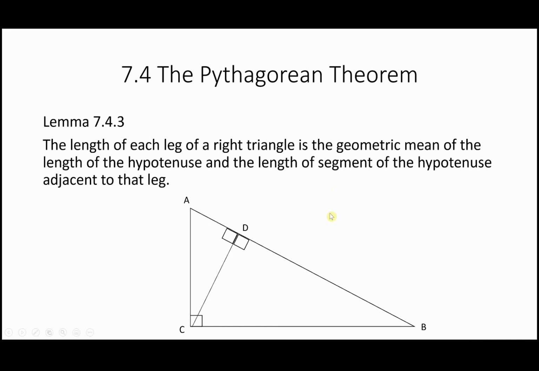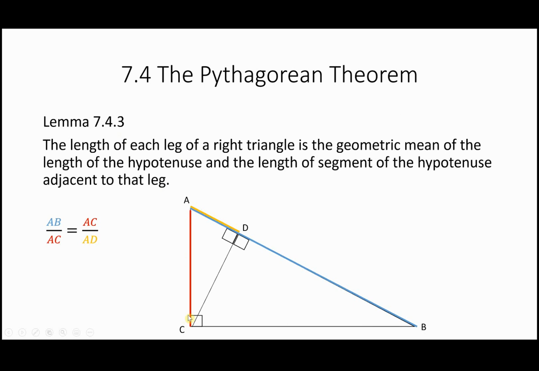So here is the first one. Now let's assume that we're talking about the smaller hypotenuse segment, which I have lit up in yellow, AD, because we're connected to the shorter leg, okay? So this is the geometric mean proportion setup that's being described here associated with the shorter leg.